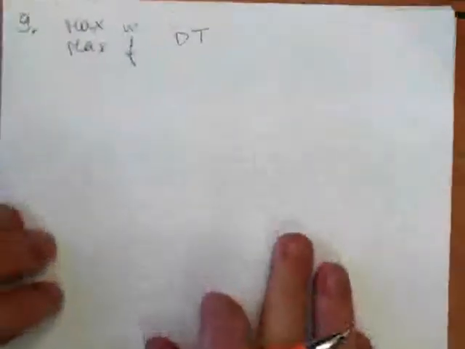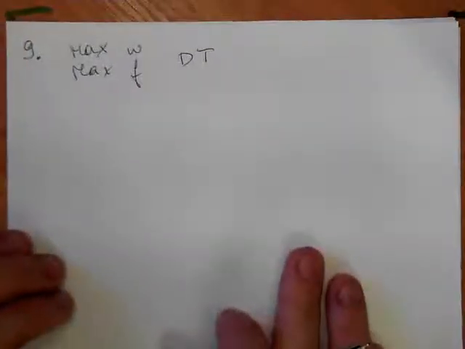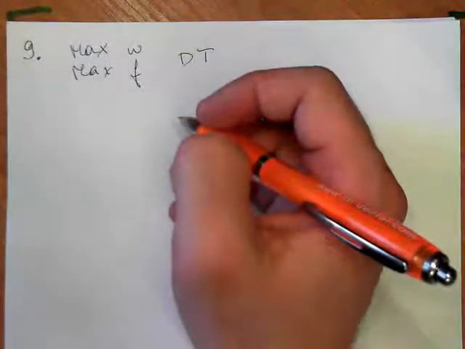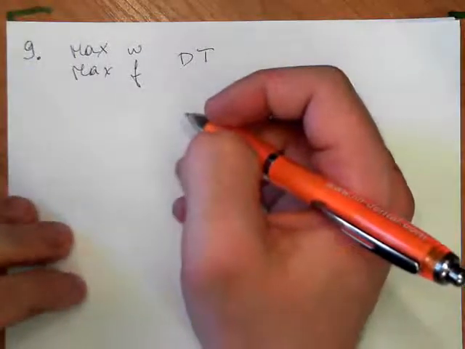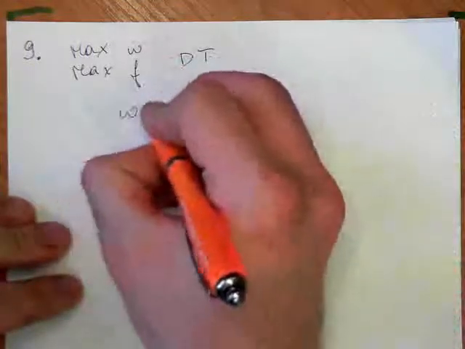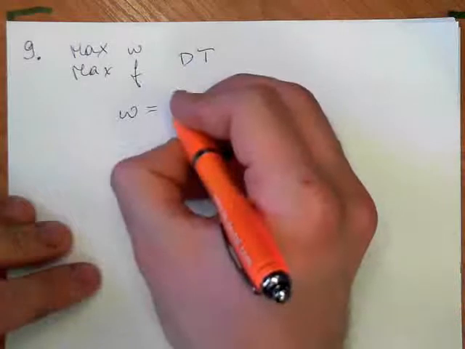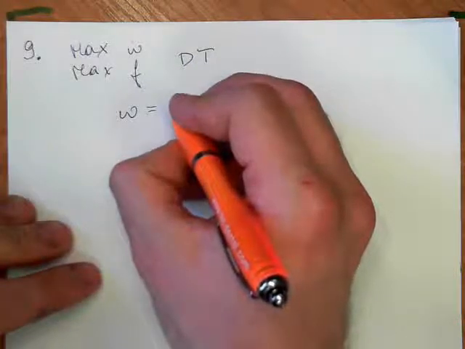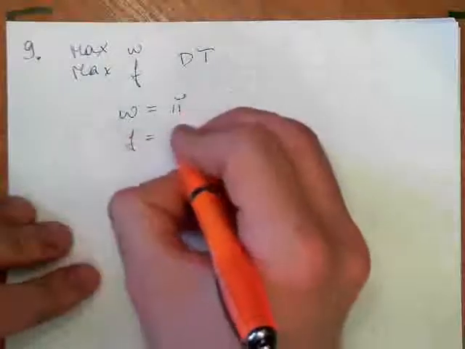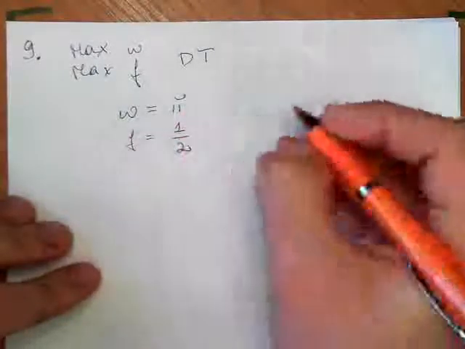So we already discussed that maximum omega in discrete time is pi, and maximum f is a half.